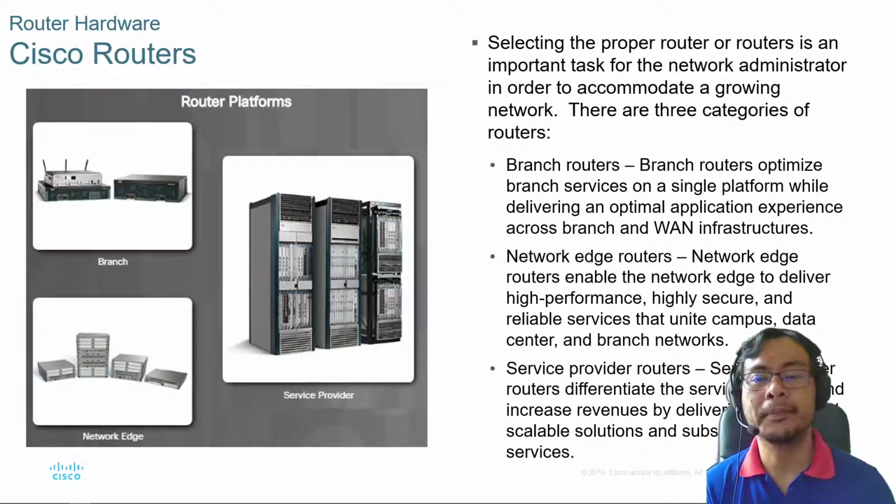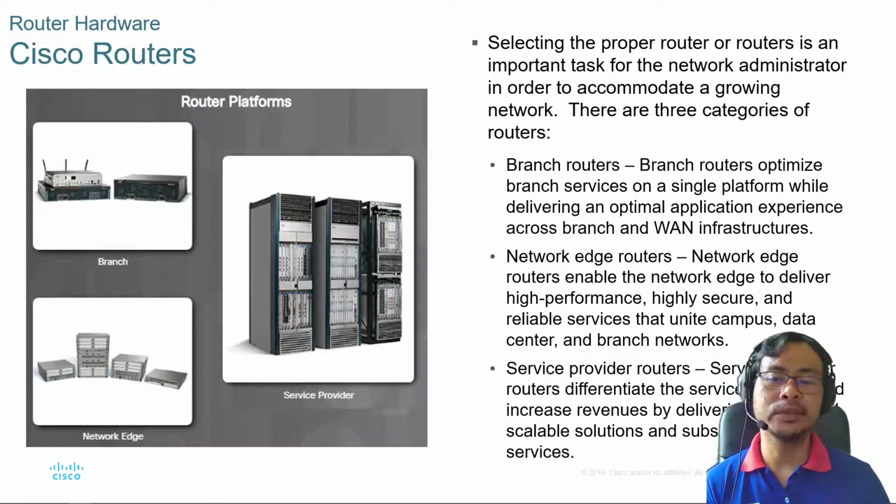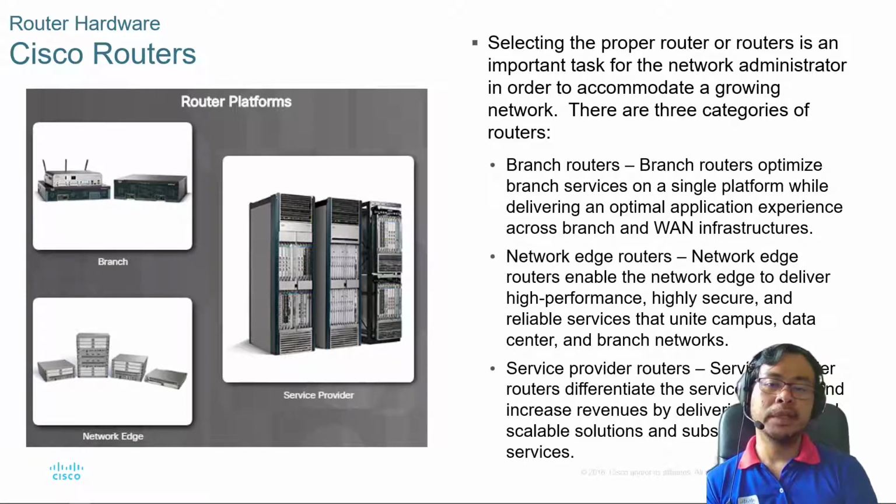Okay. So, we have different kinds of Cisco routers. From the name itself, malalaman nyo na meron tayong branch routers, network edge routers, and service provider routers. Pangalan pa lang nila, service provider, network edge, and branch routers.